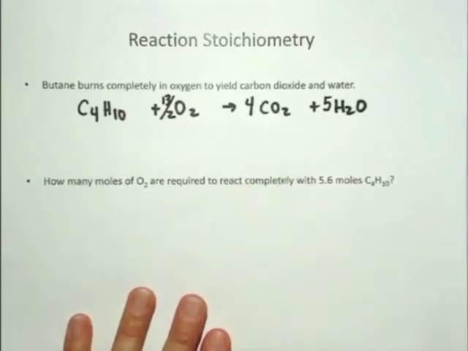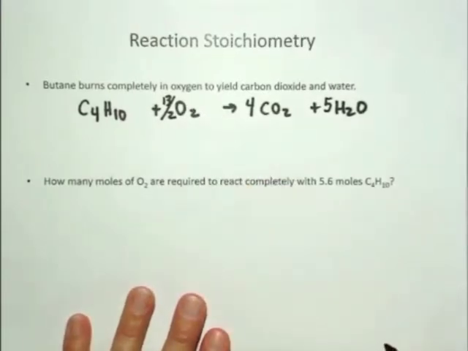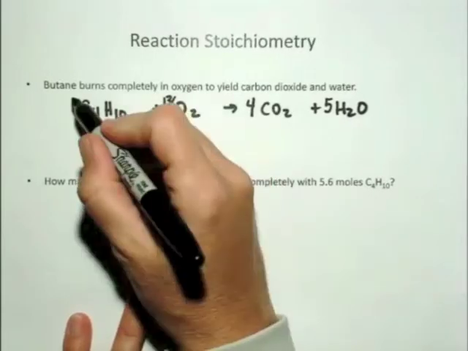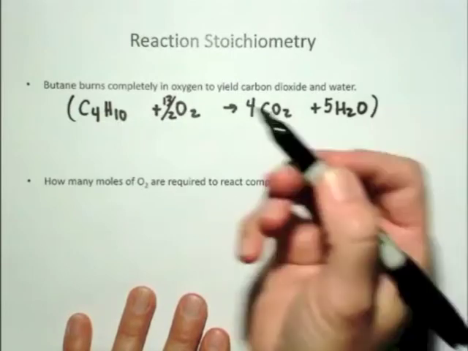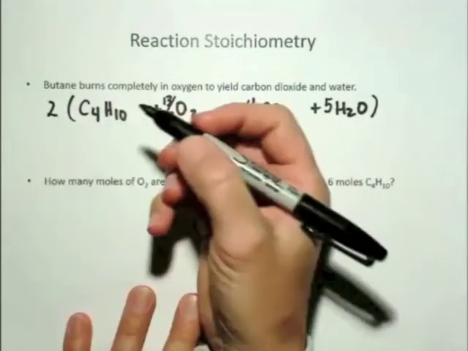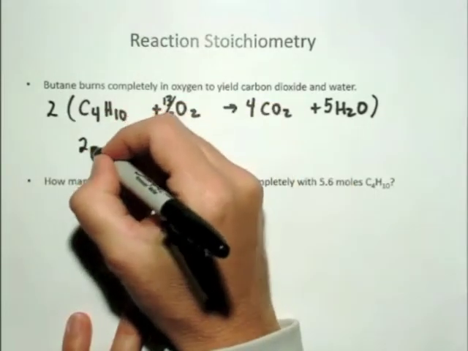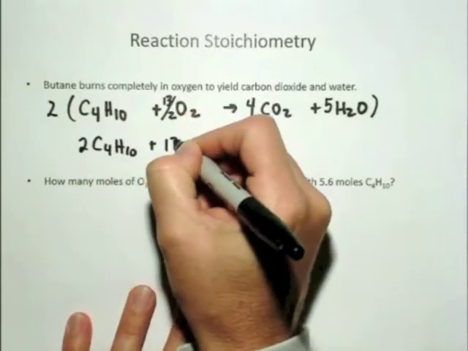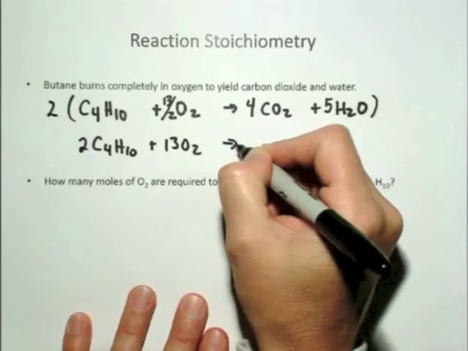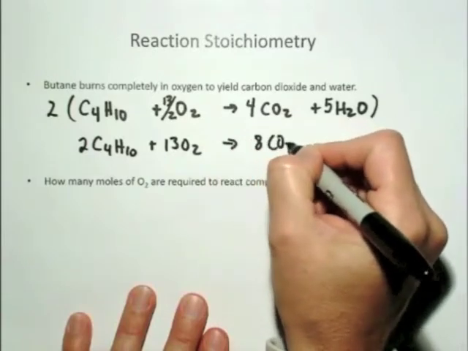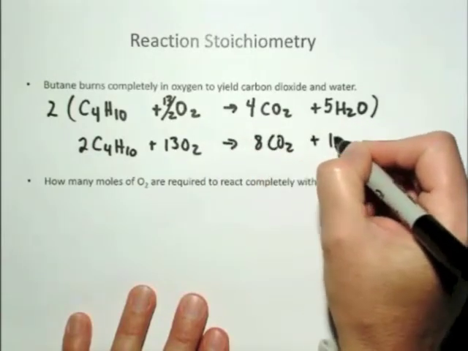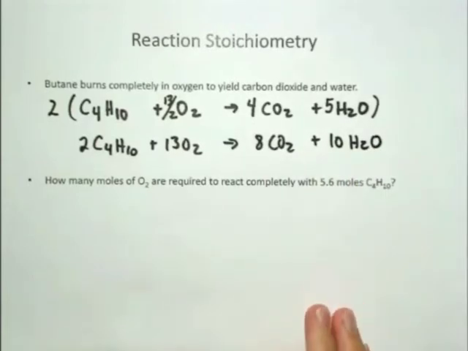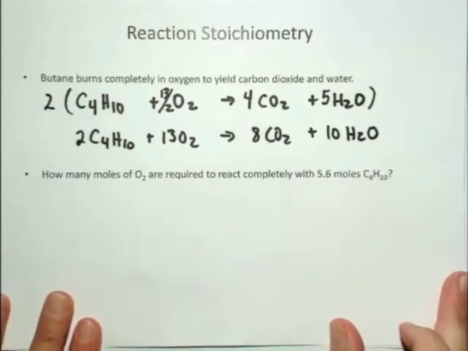So that is just a little balancing trick. And then I always want to clear my fractions when I'm balancing, so I can multiply both sides of this equation by 2. And then ultimately the balanced equation is 2 C4H10 plus 13 O2 equals 8 CO2 plus 10 H2O. Okay, so now I have a balanced chemical reaction. You guys should all be able to do that by now.